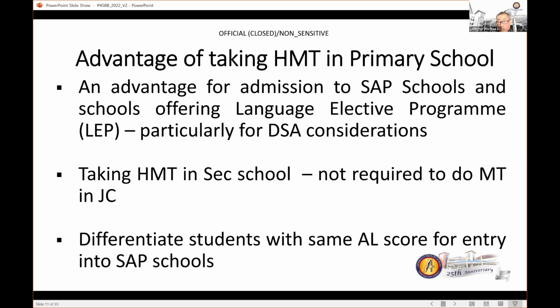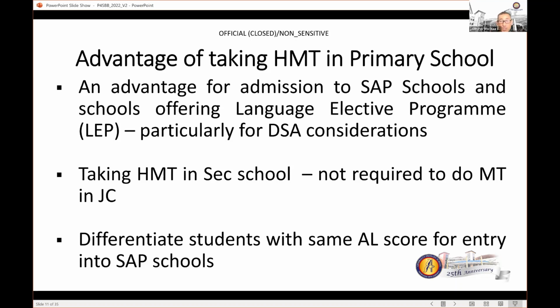As we will see later on, when it comes to students with the same AL score, the grade in higher mother tongue will be the deciding factor used for tie-breaking, when they are all at a particular AL score, which is the cutoff mark for the school. We'll look at an example again to explain that. But for admission into SAP schools, higher mother tongue, higher Chinese, is very important. It's something that they look at.